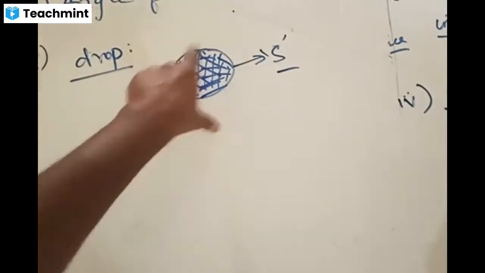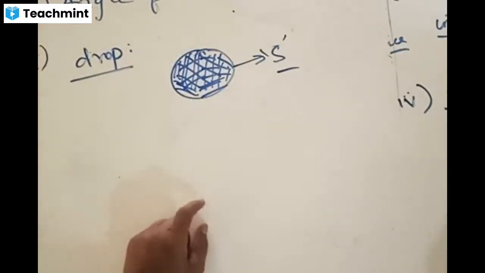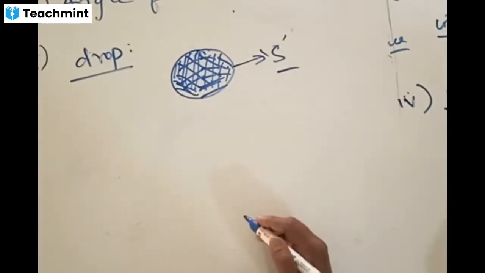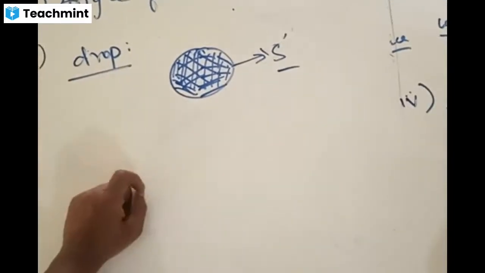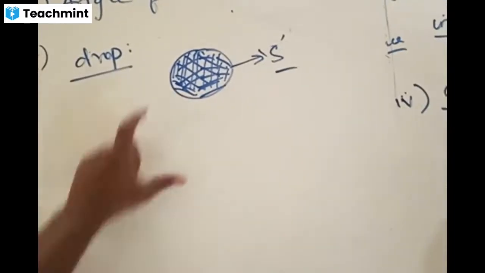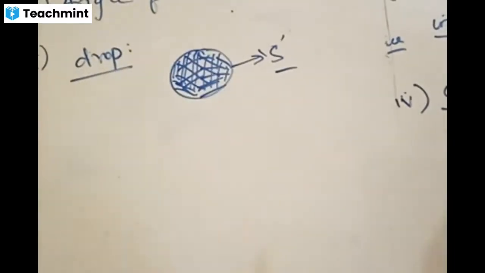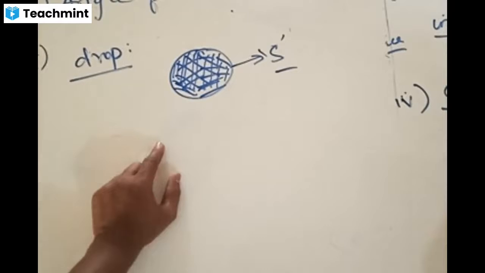Why is this liquid in spherical shape? When something is left free, it tries to acquire the least possible surface area, and out of all geometries, the sphere has the least surface area. Accordingly, any liquid will tend to acquire a spherical shape.